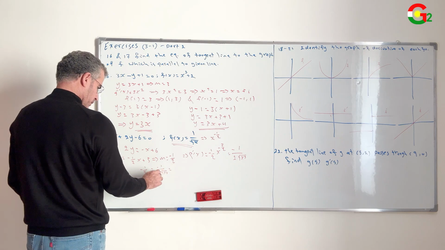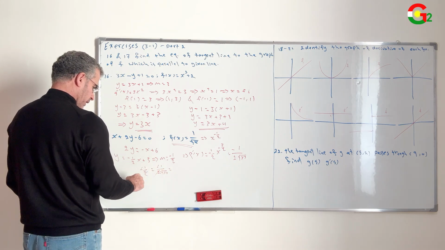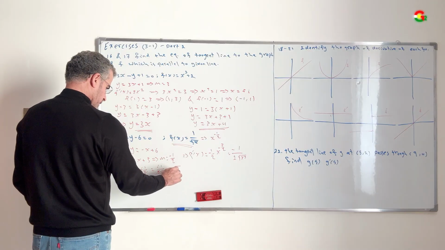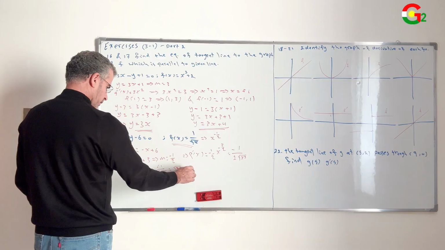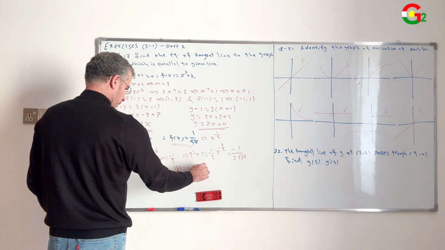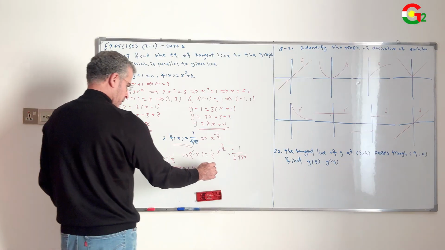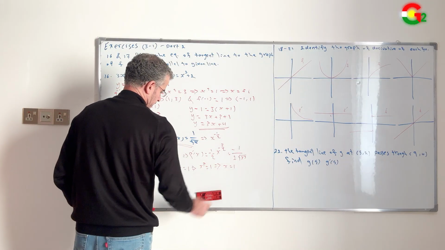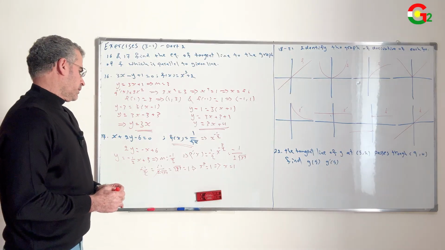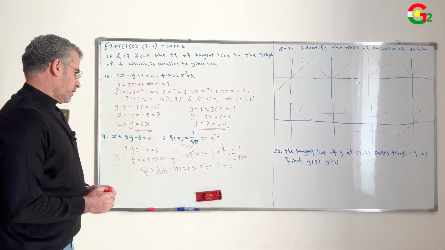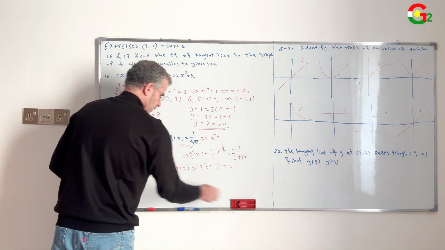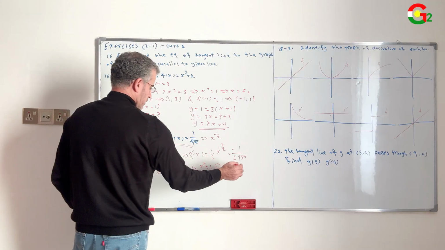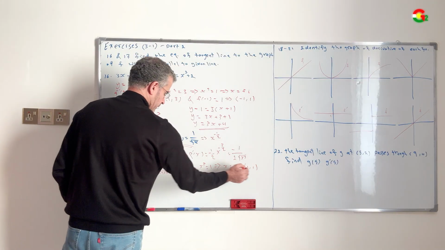Then 2 with 2, negative with negative, x cubed equal to 1. Then x cubed equal to 1, take the square root of both sides. This means x equal to 1. Now, for the point of tangency, substitute 1 into the function: 1 over the square root of 1, which is 1.